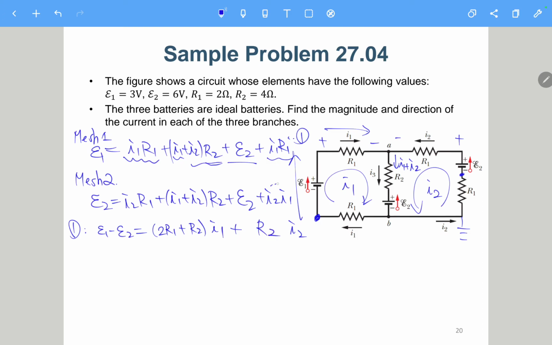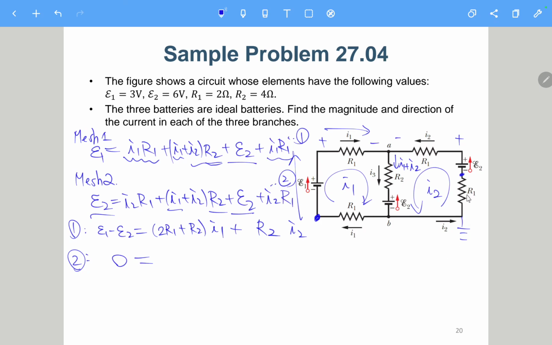And then for equation 2, E2 and E2 will cancel each other, so we only have 0 on the left side. And then this is I2, so we have this is I1 R2. Okay, this should be R1 rather than I1.